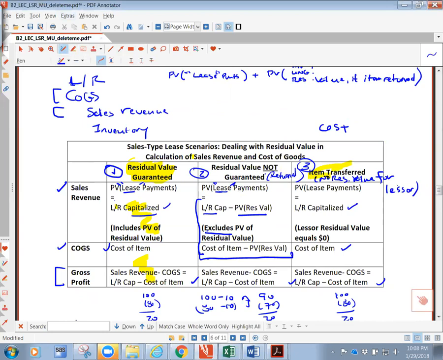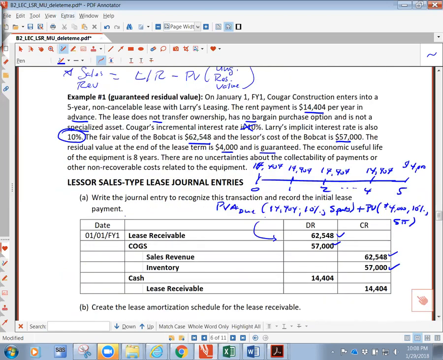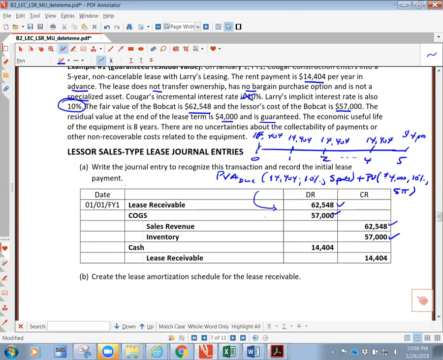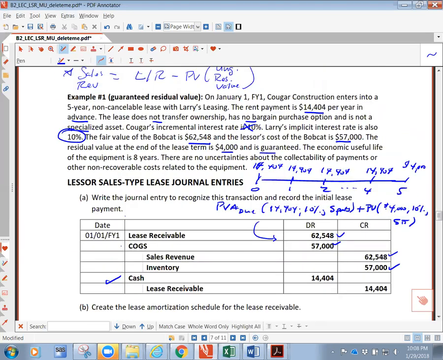All right. So item transferred, number 3, and residual value guarantee, number 3, sales revenue is just equal to lease receivable capitalized. So that's the case we're in here. All right. That's what you want because it's just the easiest. And then just for completeness, we have the initial day 1 cash payment, which reduces the lease receivable. All right. So that is the journal entry at inception.